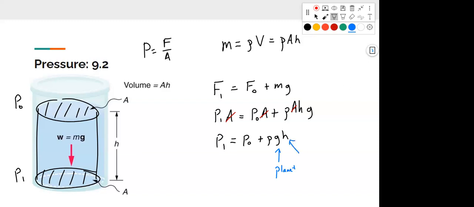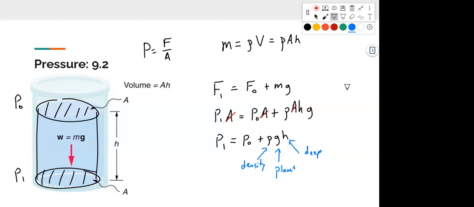It's dependent on how deep you are. So the deeper you go, the higher the pressure will be. And it's dependent on the density of the fluid. So if you're under salt water, it's slightly denser than fresh water, so you'll have a slightly bigger pressure. Or if you're under mercury, you'll have a much bigger pressure, 13 times bigger, or 14 times bigger.